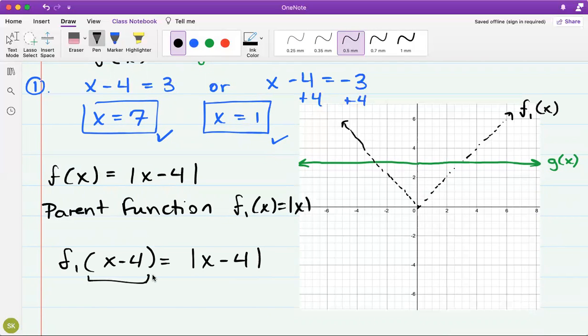And recall what this means when you plug a negative 4, this x minus 4, inside the function. That means you're moving the graph left and right. And because it's a negative 4, you're going to move it to the right 4 units. So every point, now we can put some points here just to get an idea of what we're going through. All of these points are going to be moved to the right 4 units.